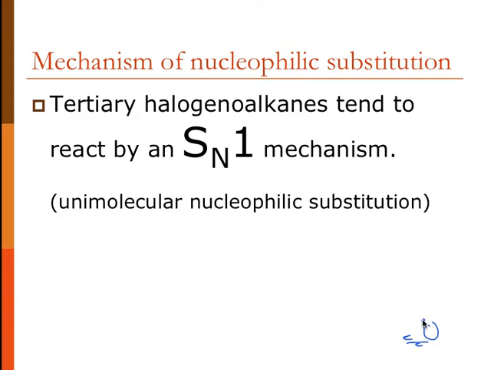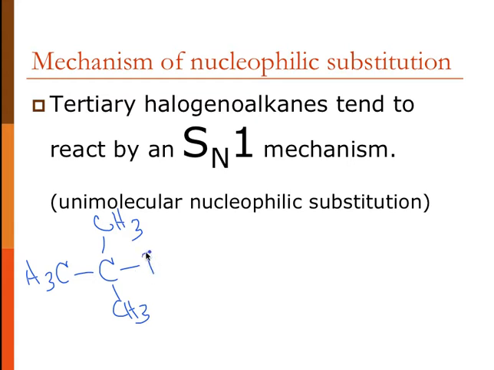Now, I want to just look at it in a little bit more detail. If we draw that tertiary halogenoalkane, let's say I have a bromine.